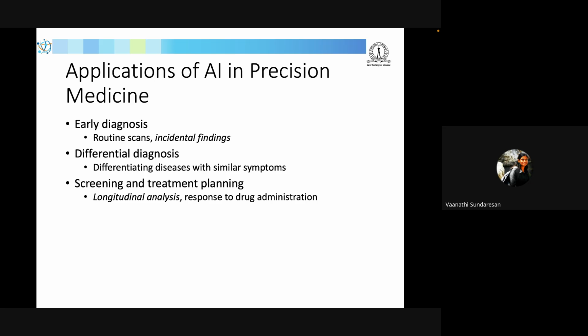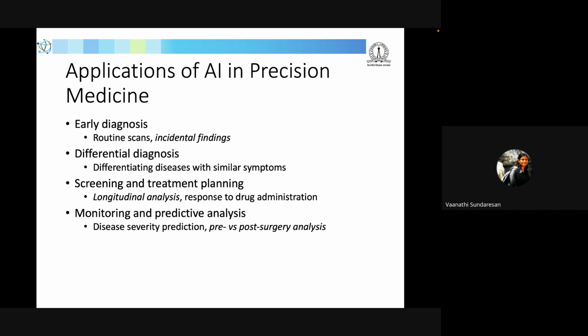Screening and treatment planning, again, sort of like monitoring, but essentially here it's a longitudinal analysis. One such example can be response to drug administration. So you administer the drug to the patient, you get longitudinal scans over a period of time, and you see how the lesion extent changes over a period of time.